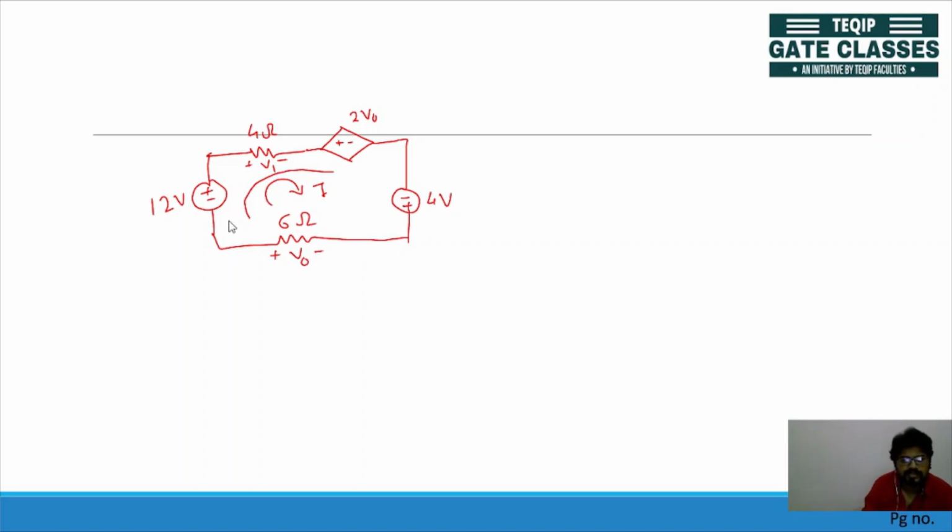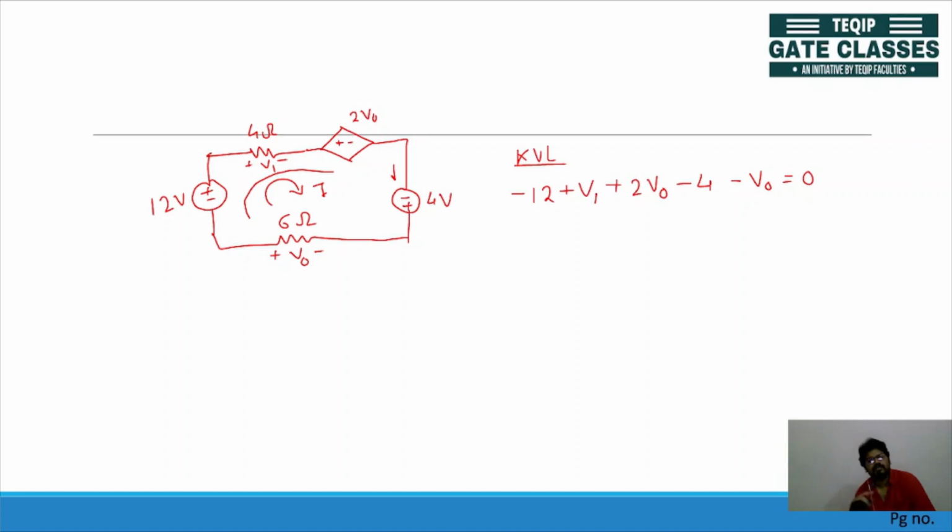First we are at 12 volt and entering the minus terminal, so while applying KVL we write it as minus 12 plus V1 plus 2V naught, and here minus 4 volt, and then minus V naught will be equal to 0. As we travel, whichever terminal comes first, if we enter at plus then plus, if we enter at minus then minus, simple. Then we will apply Ohm's law.